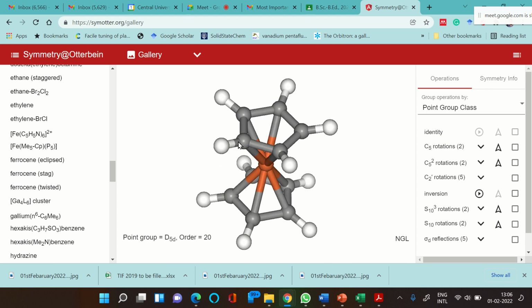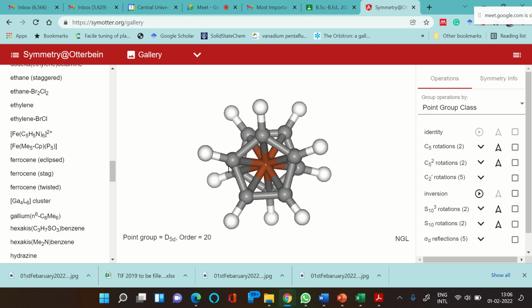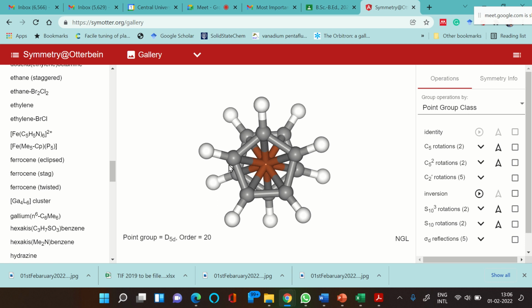Let's look at the ferrocene. This is a ferrocene. This is staggered, so you can perform.